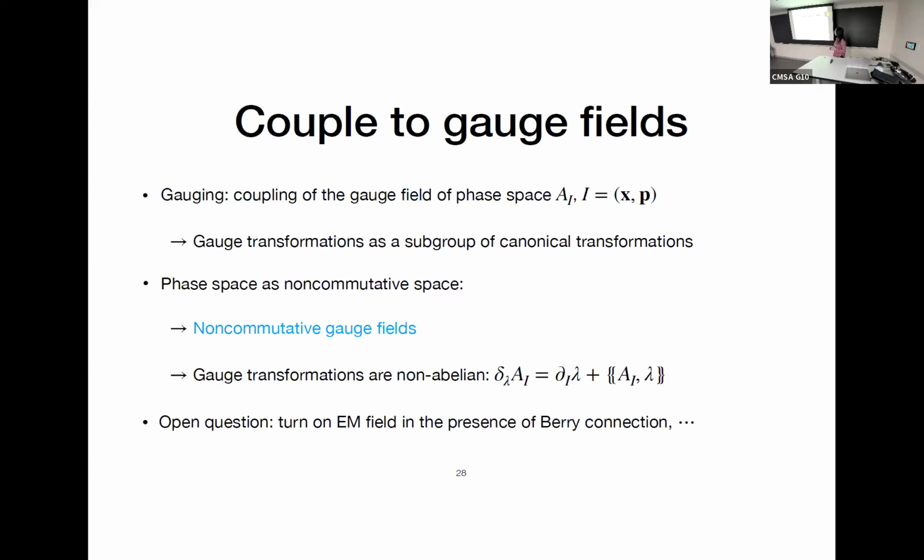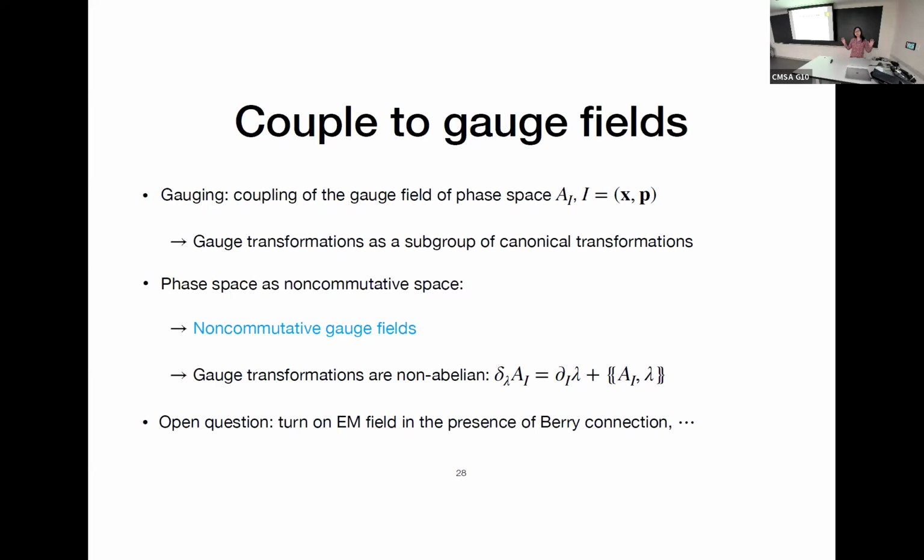We have been telling you that phase space can be thought of as some non-commutative space, which means that those gauge fields can be thought of as non-commutative gauge fields, which means that the gauge transformations are non-abelian.